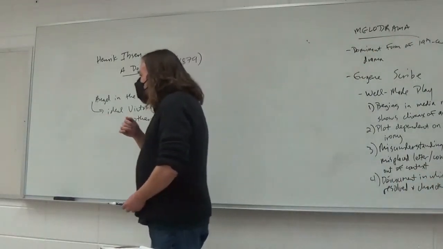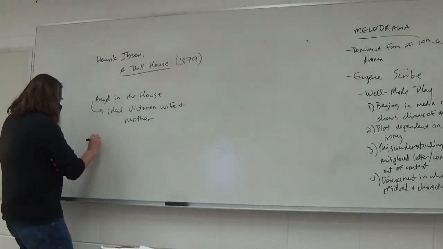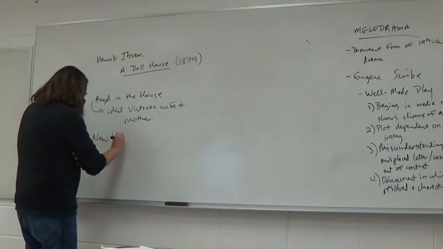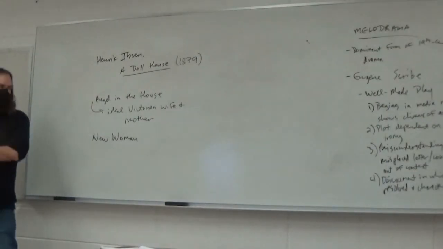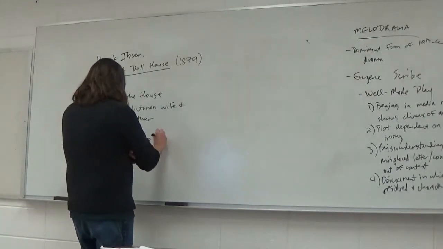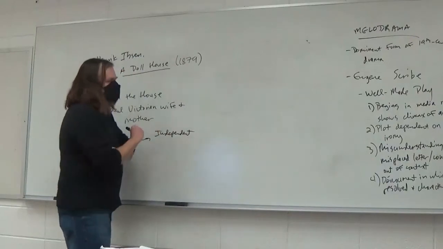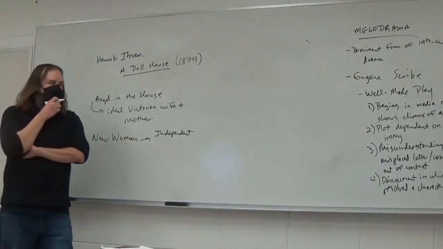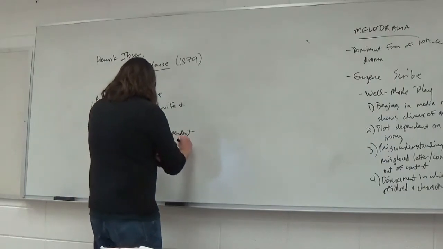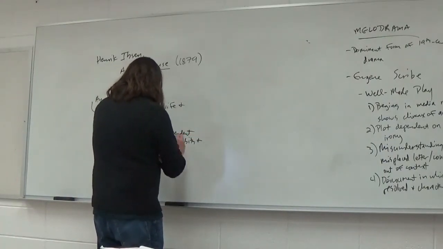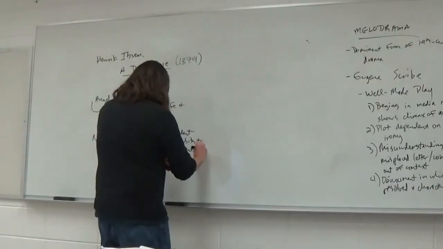Now, at the time Shaw is writing this play, a new type is emerging who is referred to as the new woman. And the new woman is independent, right? She has a job, makes her own living, and adopts habits and dress that are considered masculine.